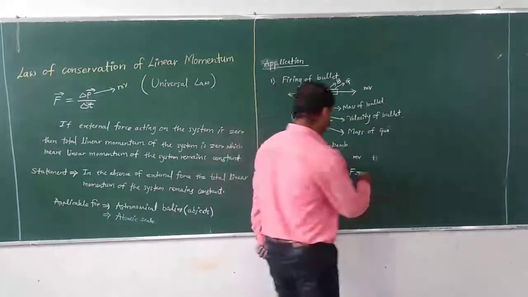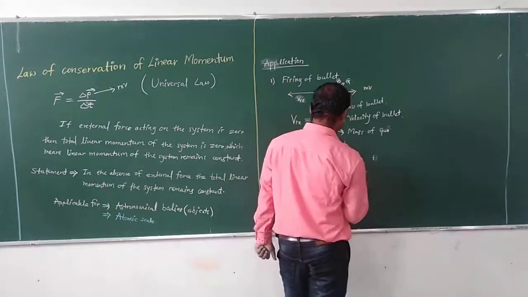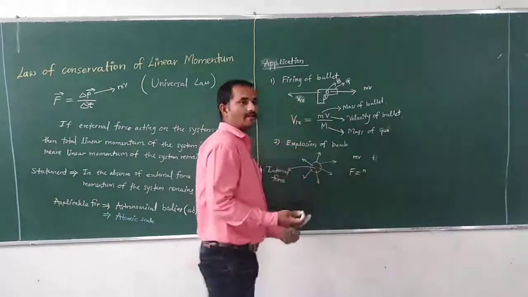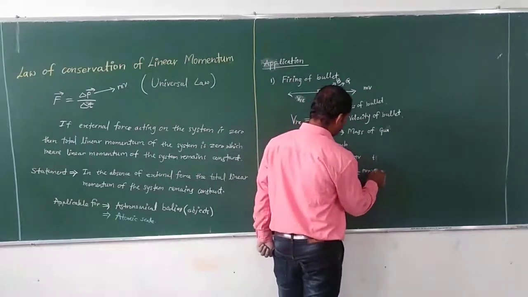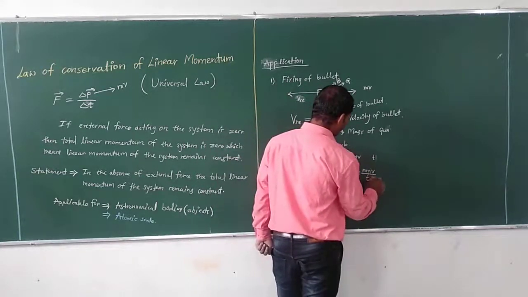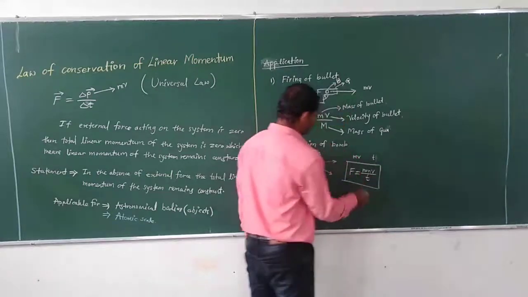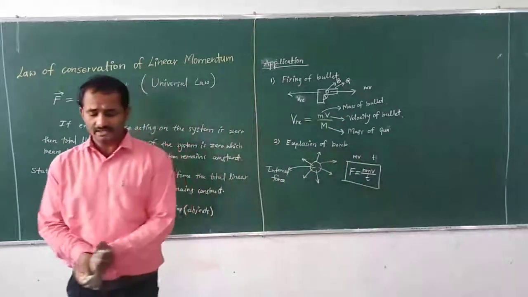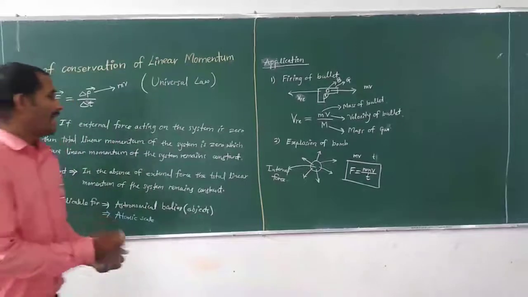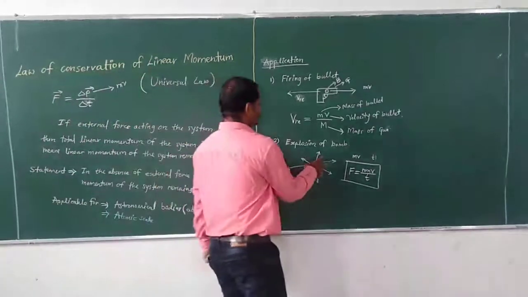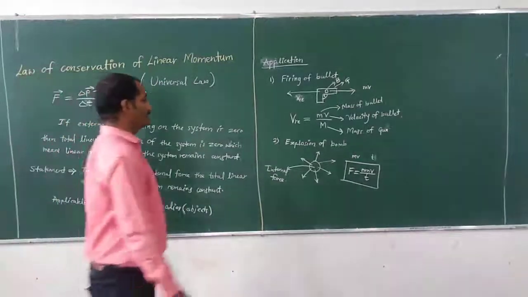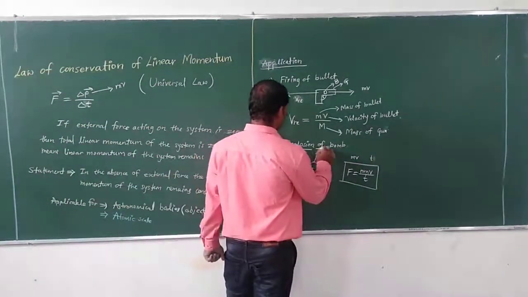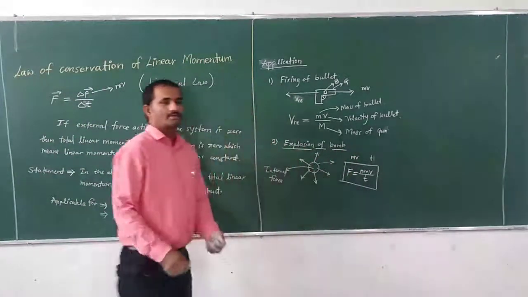Force is equal to, so these n number of particles are exploding, so I am writing here n mv divided by t. So the net external force acting on this bomb is 0. So here also linear momentum is conserved.